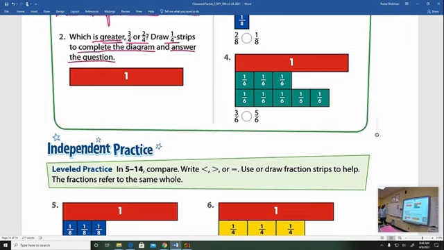Make sure, no matter what, even if I'm going over these with you, that you are reading the instructions fully, so you're doing everything they ask, okay? So in this one, we've got the whole. Now, it says complete the diagram to answer the question. What do I need to do next? Allie, what should I do now? How do I get 3/4 and 2/4 on that?